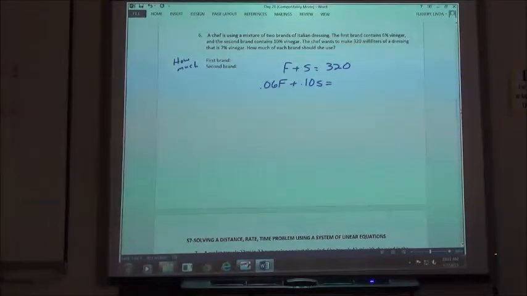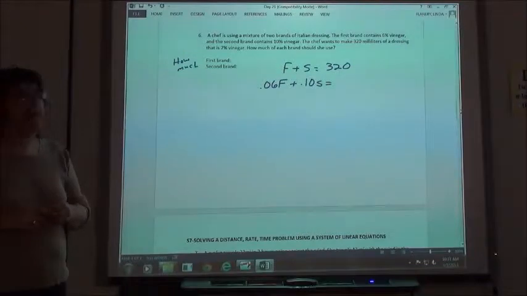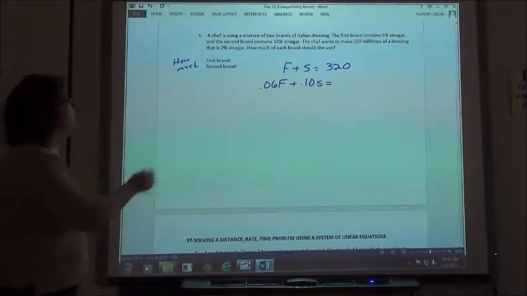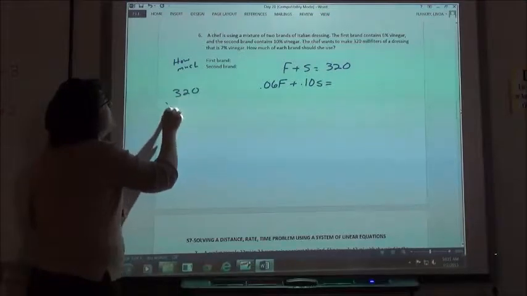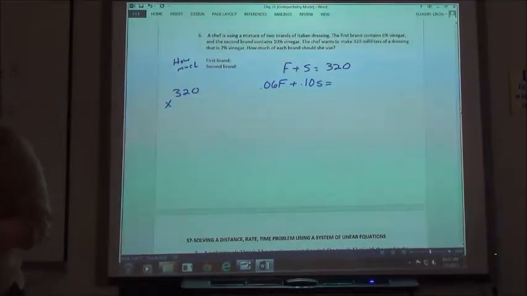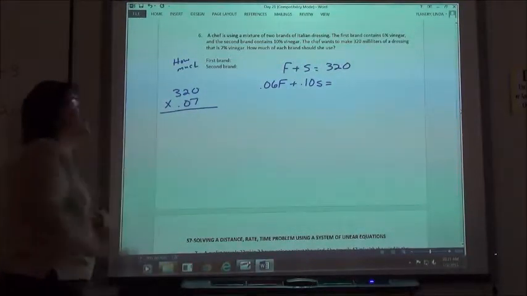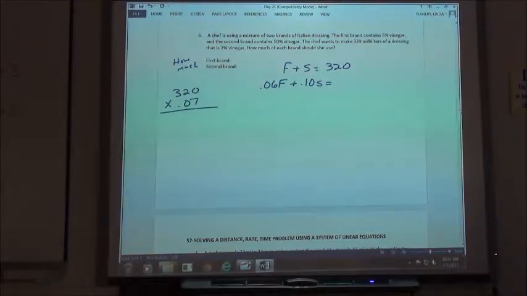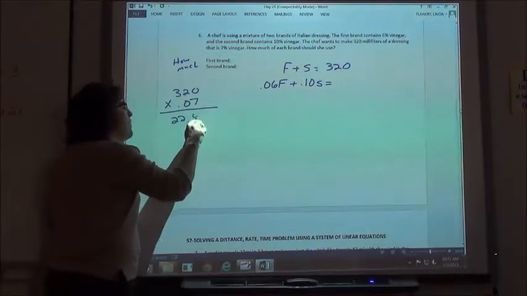What did we do to find that number on our second equation? Multiply the 320 by 0.07, not 0.7, because that'd be 70%. Right, we have to take our amount times our percent. So 22.4.